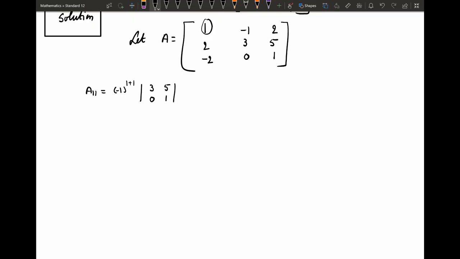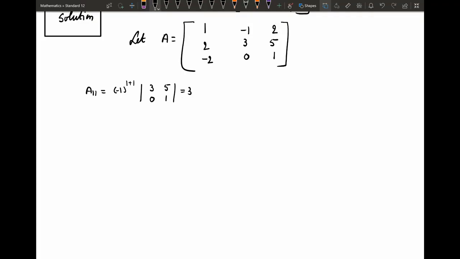First you leave the column and row in which the entry 1 lies. The remaining entries will form a 2 by 2 determinant, that is the minor of 1, and you give the sign, so you will get the cofactor. So this is 3.